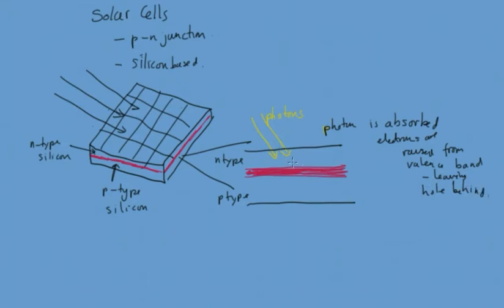So here we have electrons being excited, and this leaves holes behind here. And that then means there's going to be a potential difference across the cell.